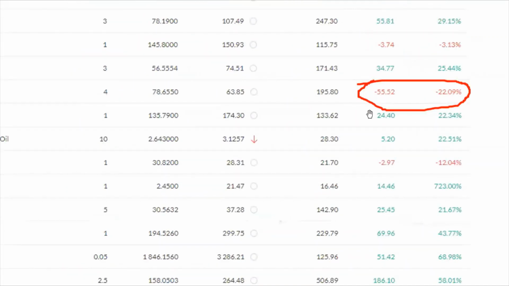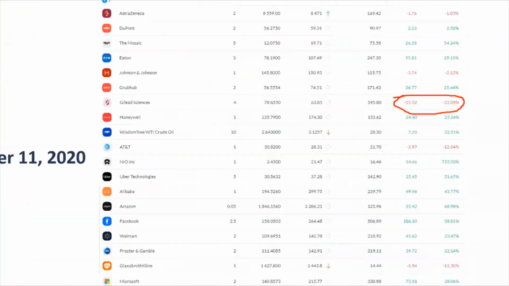Would it be possible if I was so excited and invested all of my money in Gilead Sciences? Have you got my point? Yes, sir.